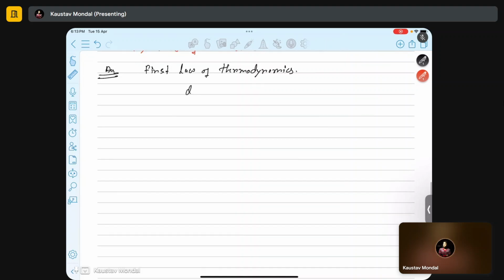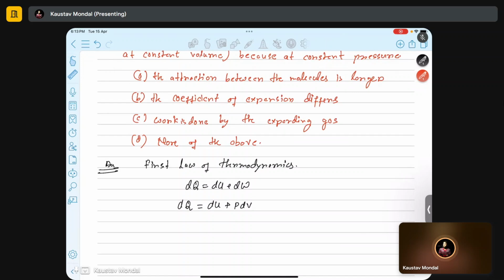So dq equals du plus dw. Let me write it in terms of work done: dq equals du plus dw. You already know the first law of thermodynamics.